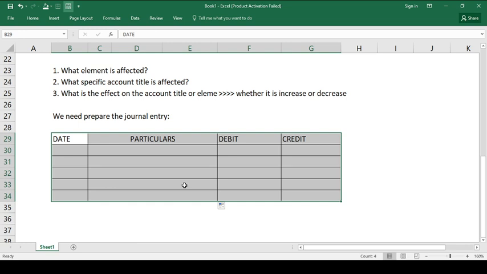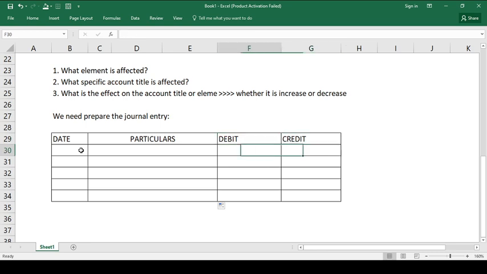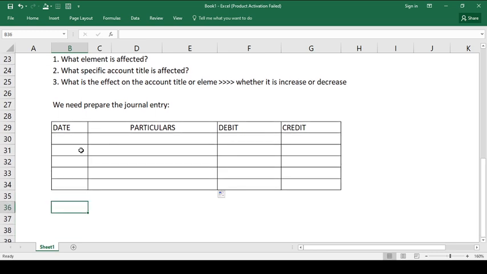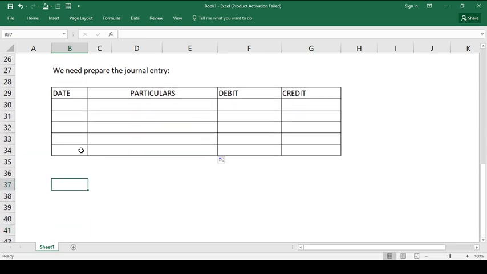Take note, the general journal sheet is a document where all journal entries are recorded, and the recording must be in chronological order. Sir, how are we going to use the journal sheet? Okay, let's have a basic example. For example, I will prepare a transaction.